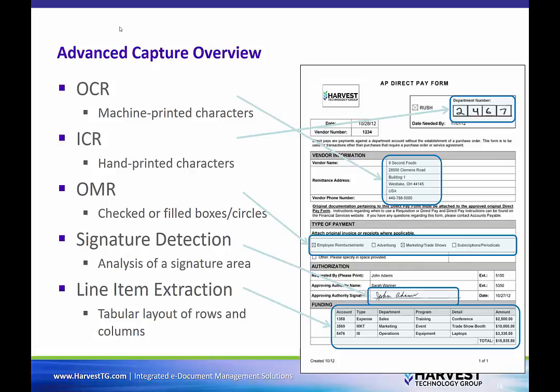But otherwise, we're going to be looking to do more manual indexing in those processes. So OCR, ICR, OMR, signature detection, even line item detail extraction if you really want to get serious about automated capture. Again, speaking very candidly, most school districts have limited application for some of this, especially outside of the finance world.